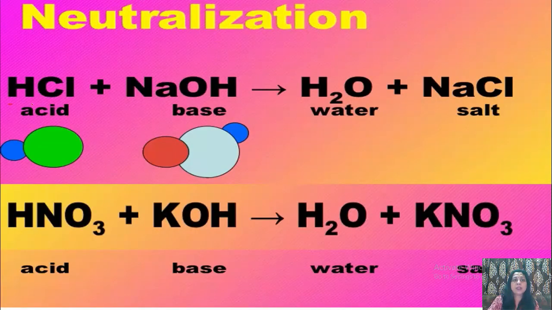This acid HCl plus NaOH, a base, forms H2O, that is water, and NaCl, that is a salt. Here is one more reaction. Nitric acid, HNO3, is an acid, KOH is a base, potassium hydroxide, and it forms water, H2O, and potassium nitrate, that is KNO3, which is a salt.